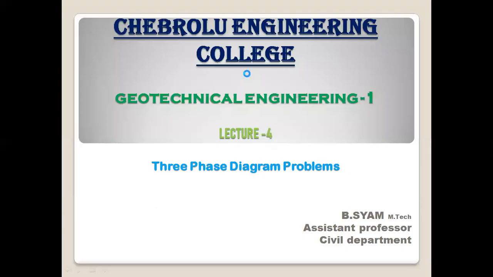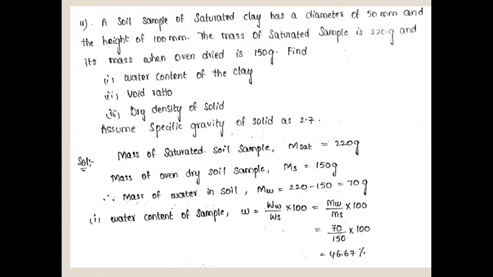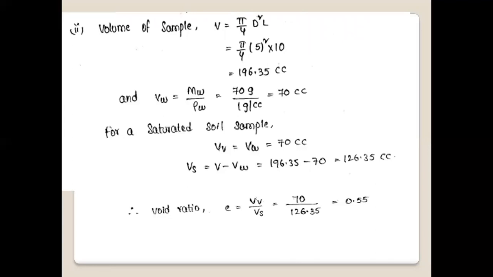The formula for volume is pi by 4 into d square into L. The diameter 50 mm is converted to centimeters as 5, and the height 100 mm is converted to 10 centimeters. Substituting the d value and L value: pi by 4 into 5 square into 10.